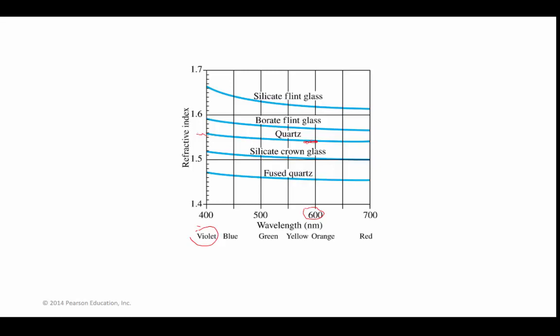It's especially noticeable when you are looking at the silicate flint glass here, where violet has an index of refraction of about 1.66, whereas red at the opposite end of the spectrum is much closer to 1.61 or 1.62.